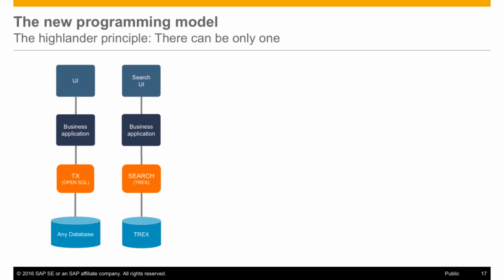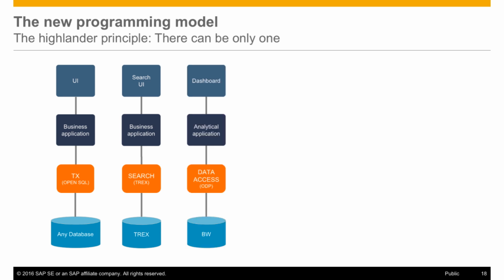We also have, for example, enterprise search, where the data is replicated into a different database, an in-memory TREX database, where we can execute, for example, search features. So here we have a different design time. We even might have different user experience because a different UI technology might be used. And with the BW, it's quite the same.